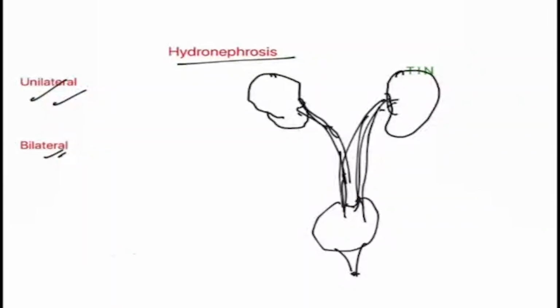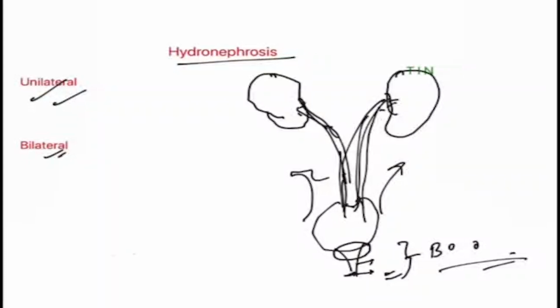Now the hydronephrosis can be unilateral or bilateral. So in this diagram, if the obstruction is at the urethral meatus level or because of prostate, or stricture in urethra, any cause of bladder outlet obstruction causes bilateral hydronephrosis. Also, posterior urethral valves, which are mostly bilateral, cause bilateral hydronephrosis.